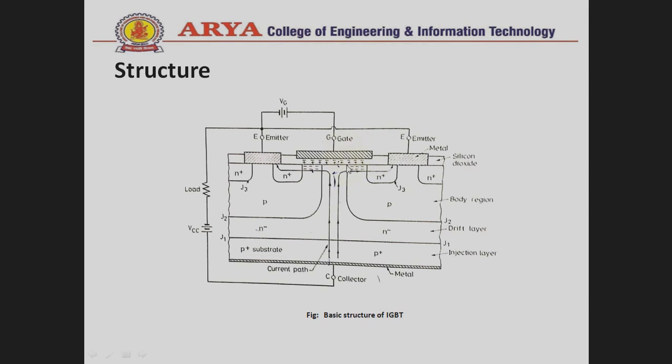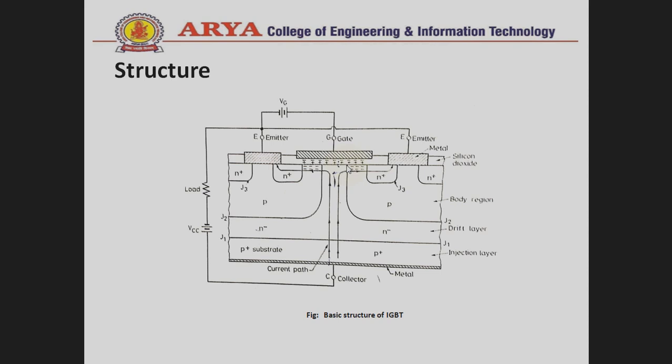The P plus collector region injects holes into the N minus drift region. In short, we can say the N minus drift region is flooded with electrons from the N plus emitter region and holes from the P plus collector region.